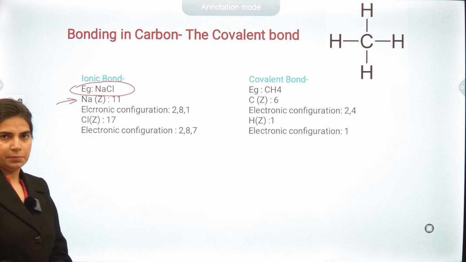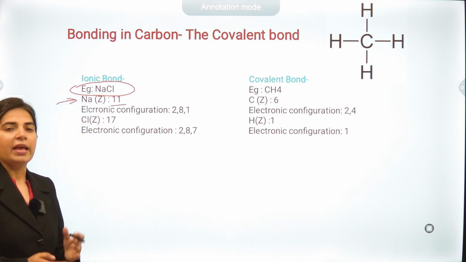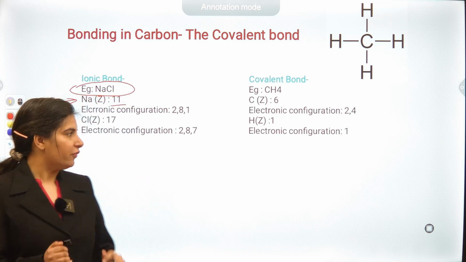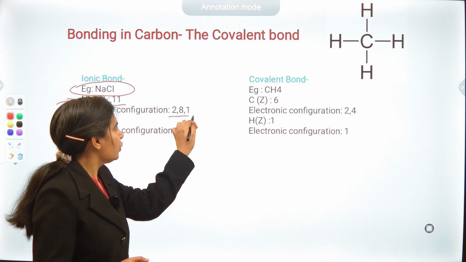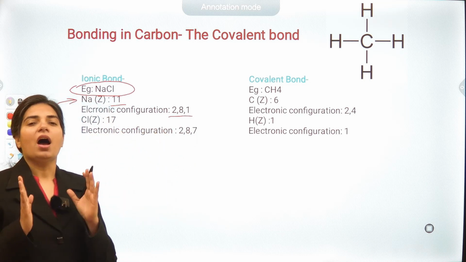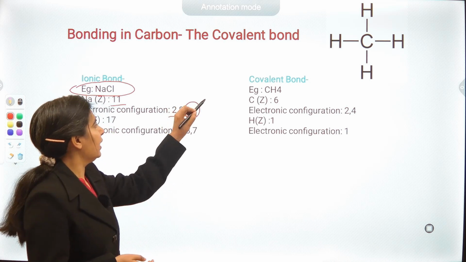Sodium is a metal and its atomic number is 11. If I talk about its electronic configuration, then the electronic configuration of sodium is 2, 8, 1. It means in outermost shell, sodium is having 1 electron.